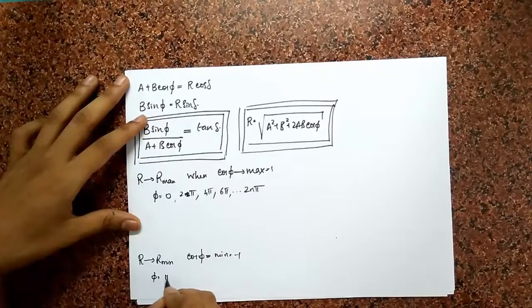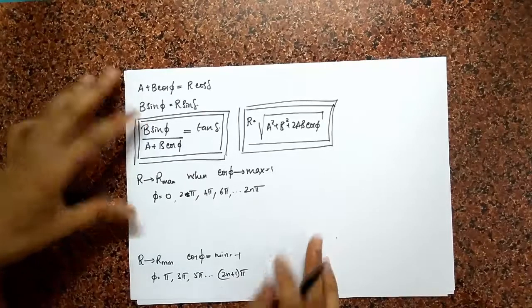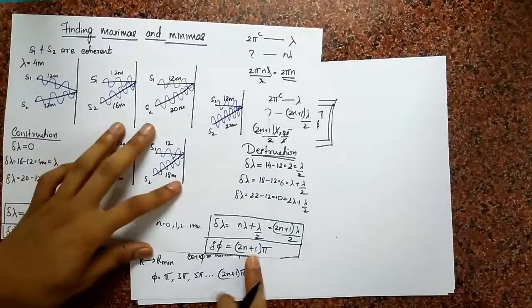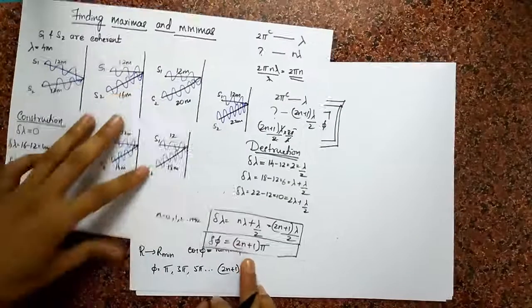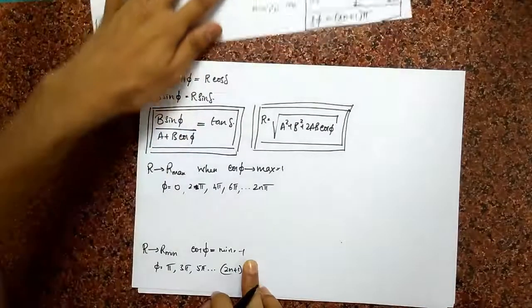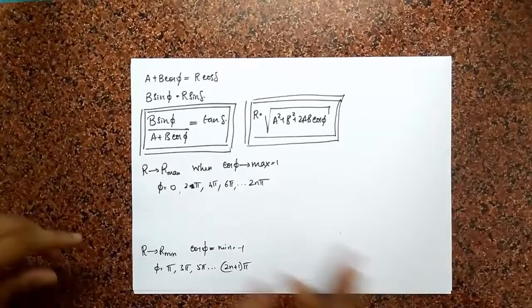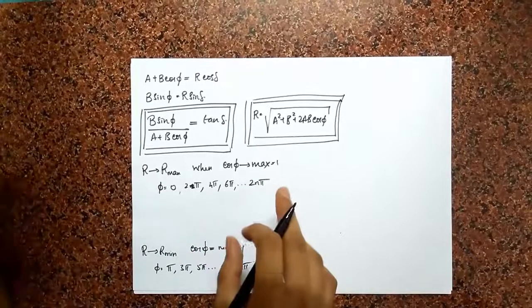When we get a pi, or when we have 3 pi, or 5 pi, or I can call this 2n plus 1 pi, for n equals 0. And we have gotten that as before as well. See? Same thing, right? So intuition also works. You don't have to always do things formally. Okay.